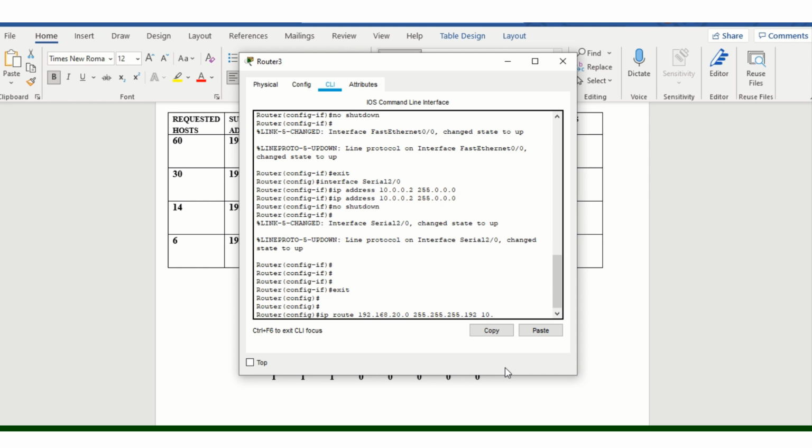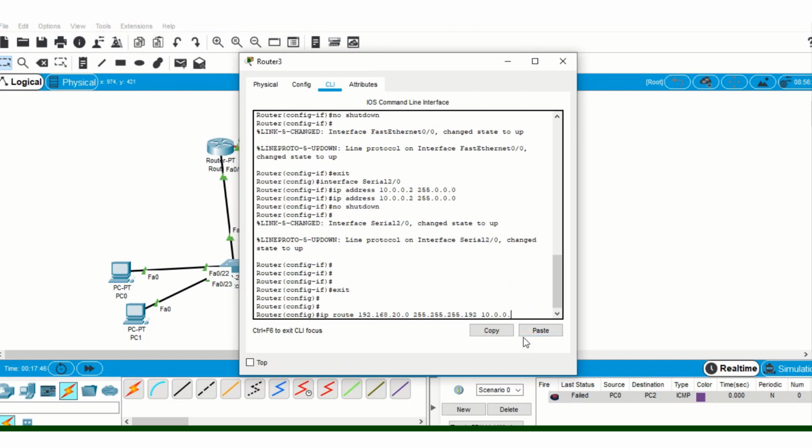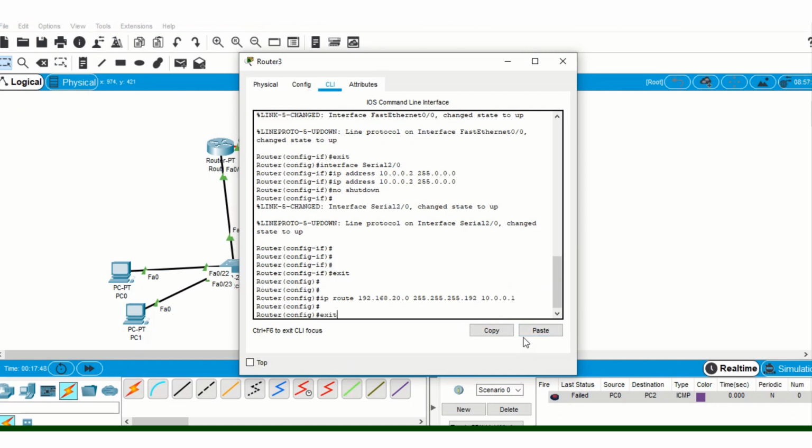Next hop address is 10.0.0.1. Configuring this network for this net address is 1.1. Exit. Exit.